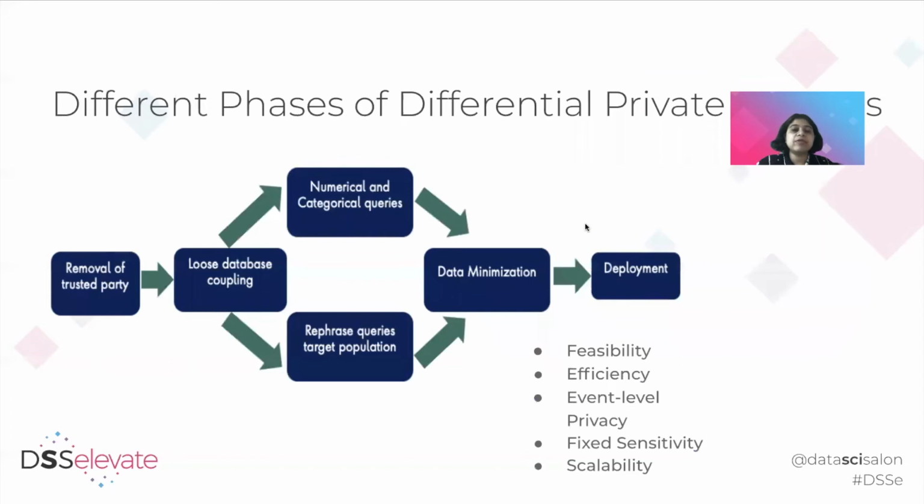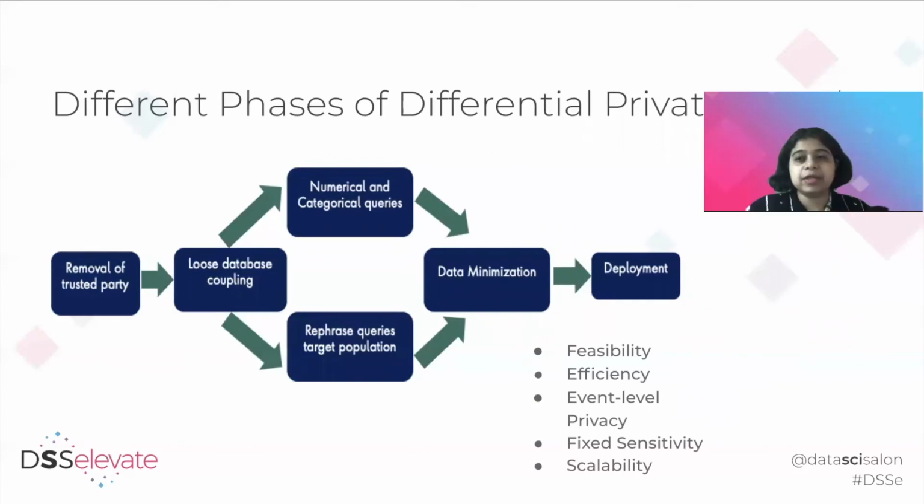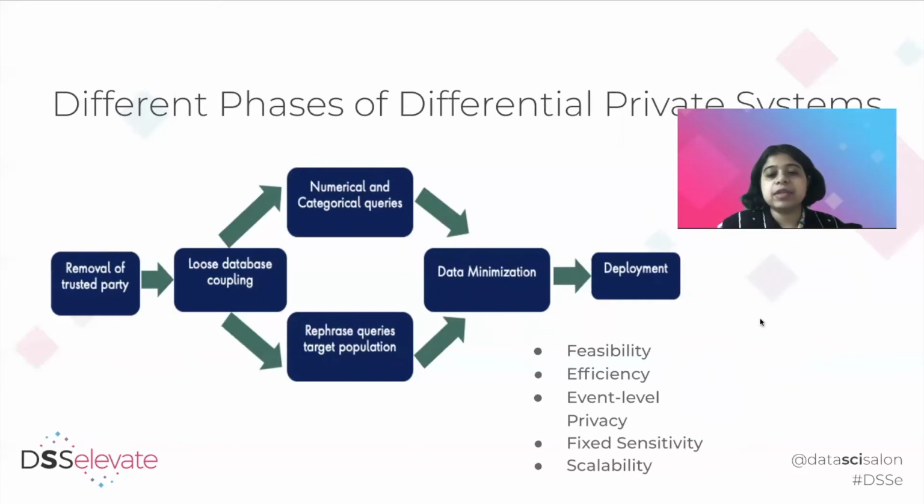Let's look at the different phases of differentially private systems and what we are aiming to have. When we design a system, the principal requirements are feasibility, efficiency, event level privacy, sensitivity, as well as scalability. Some of these parameters we have seen, such as how Bolton DP has helped us get proper, efficient, fixed sensitivity driven systems.